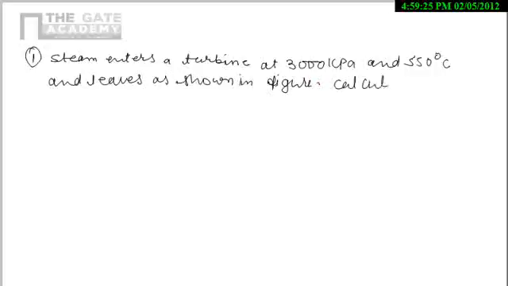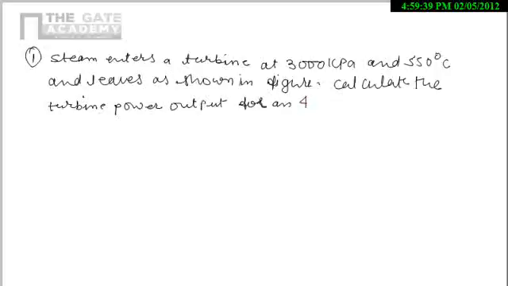Calculate the turbine power output for an inlet velocity of 200 meter per second.